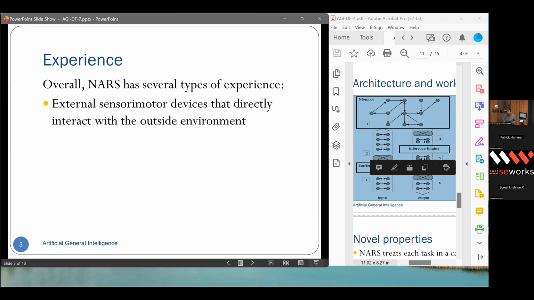Especially, we do not assume the sensor and actuator will be similar to that of a human being. We do not assume that. Even though there are tons of practical purposes to use them, of course, we want the vision to be similar to a human eye. But that is a possibility, that's not a necessity.